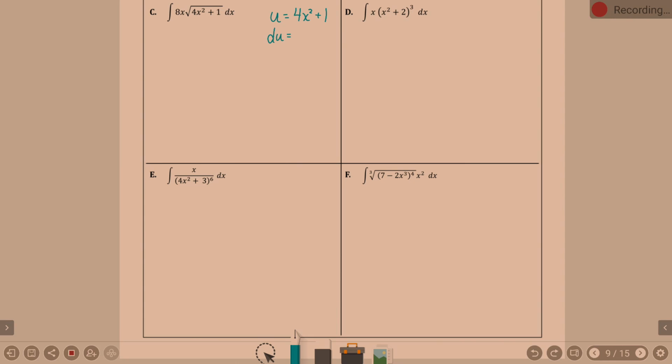Then du is 8x dx. Look and see how this is going to sub back in. 4x squared plus 1 is going to be u. 8x dx is going to be du.